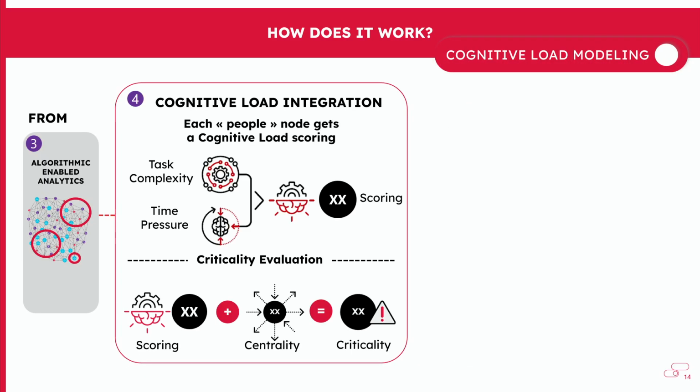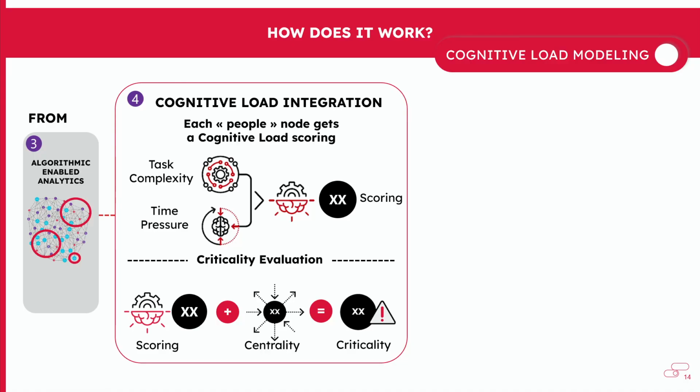Once we have this implementation of the algorithms, the dimension related to the human system is based on our modeling of the cognitive load. This cognitive load is very important for us because we are going to try to represent and integrate how this human factor could be integrated into the modeling of the whole information system. We consider the task complexity and the time pressure in a linear way, resulting in a score.